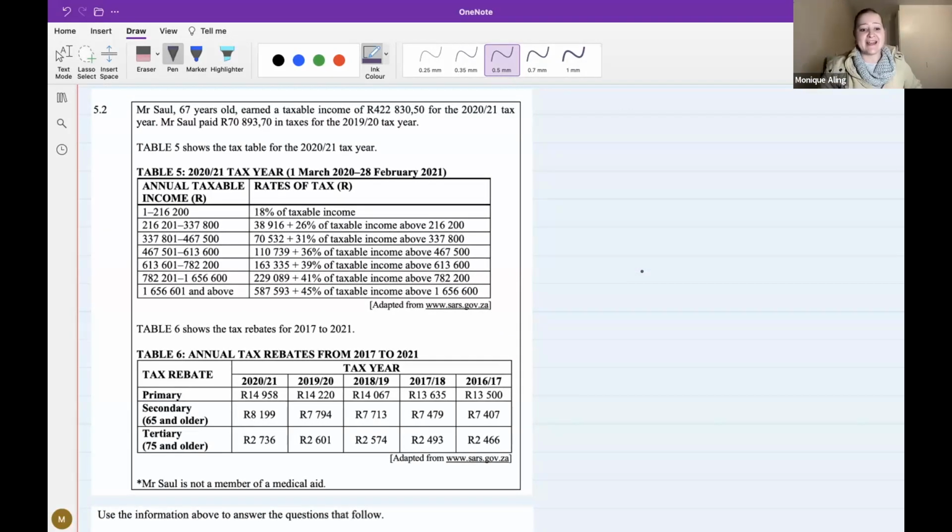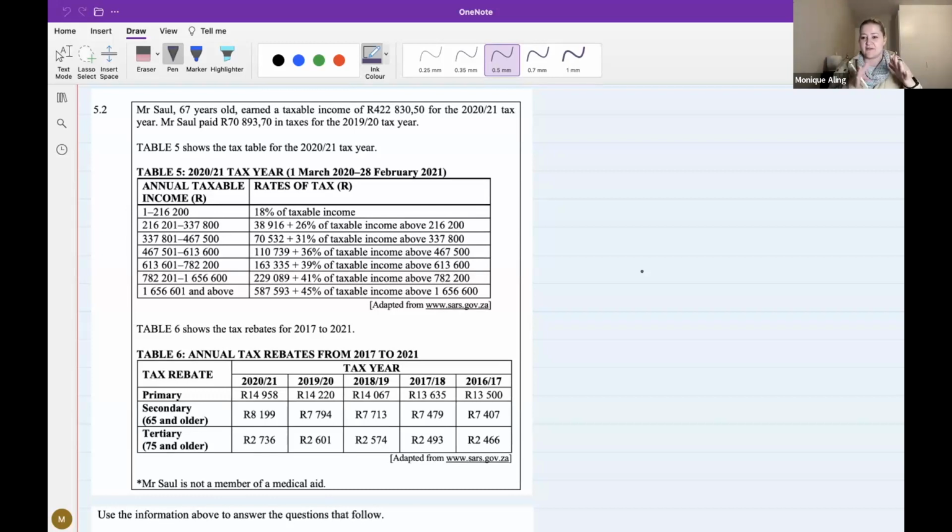Mr. Saul paid 70,893,70 in taxes for the 2019-2020 tax year. Okay, so they've given us his taxable income for the current year, and they've told us what he paid towards taxes last year.